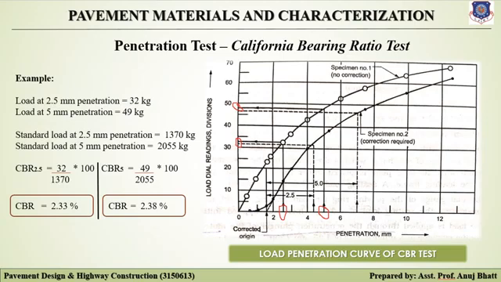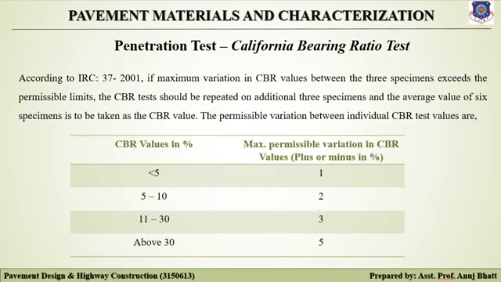Now according to IRC 37 2001, if the maximum variation in CBR values between the three specimens exceeds the permissible limits, the CBR test should be repeated on an additional 3 specimens, and the average value of the 6 specimens, the original 3 and the additional 3 after repetition, is to be taken as the CBR value.